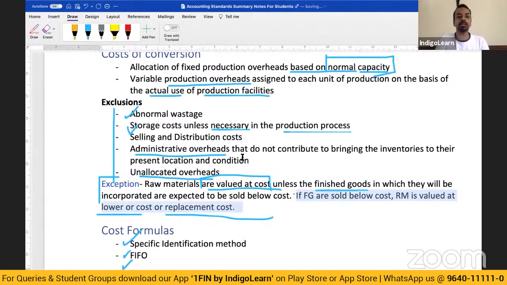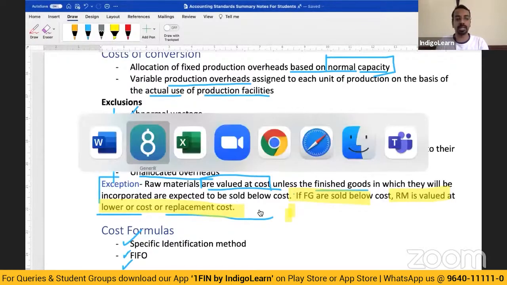So if replacement cost is given in the question, then it will be useful for raw material valuation. The valuation cannot be more than cost anyways. So if finished goods are being sold at less than cost, then you will value raw material at replacement cost. I hope it is clear now.